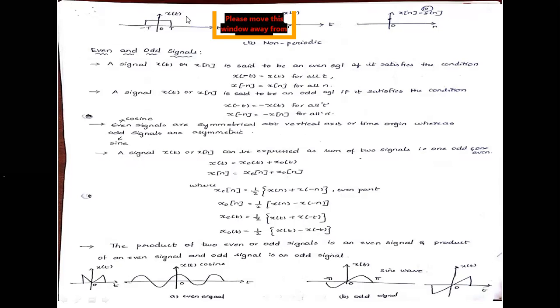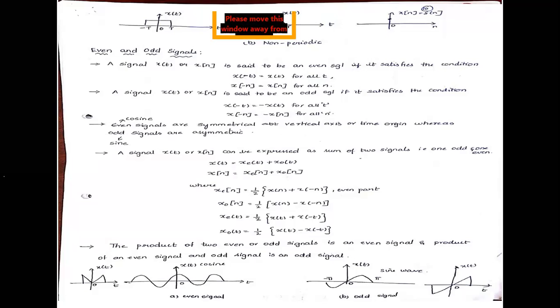We can't say this is a periodic signal. Periodic means it is repeated with the same interval. These three examples show non-periodic or aperiodic signals. Understood? That is one classification, discrete and continuous time functions.